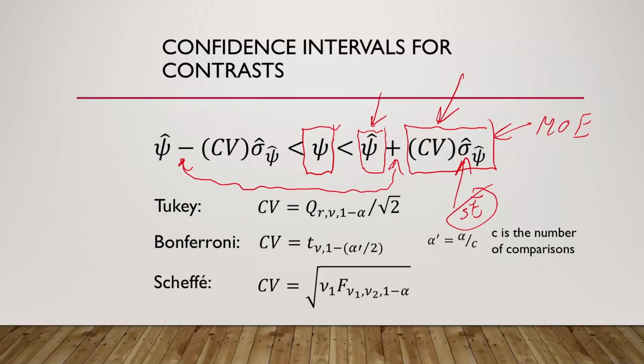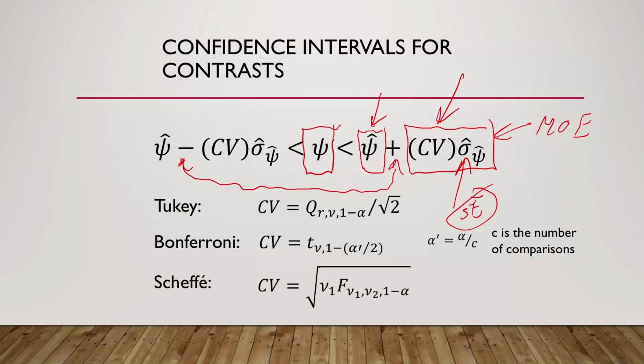But in this particular case, the critical values that we're going to look at actually come from one of 3 distributions. And those critical values are what determine whether you're using a Tukey, a Bonferroni, or a Scheffé procedure.